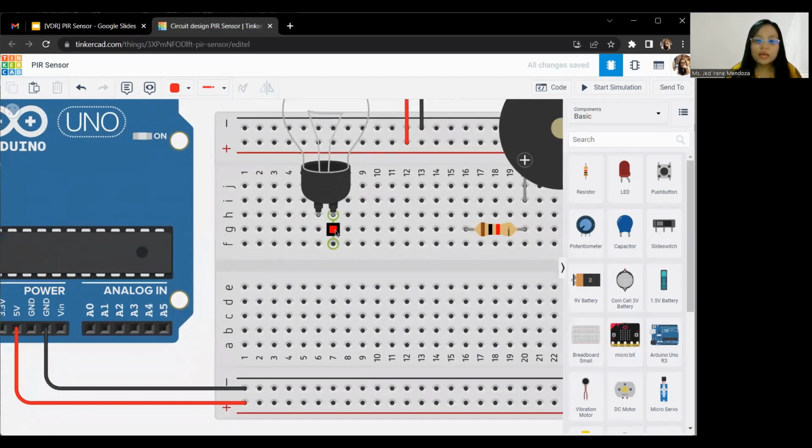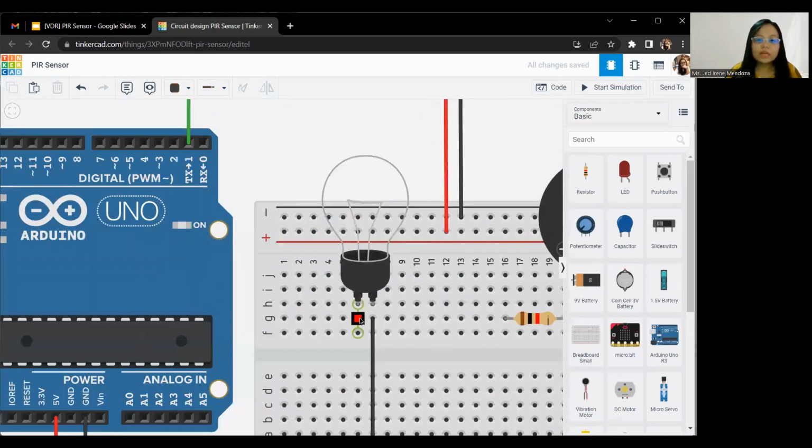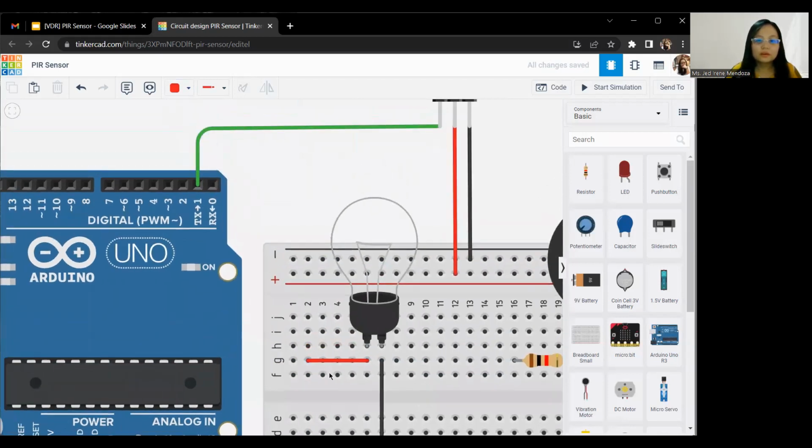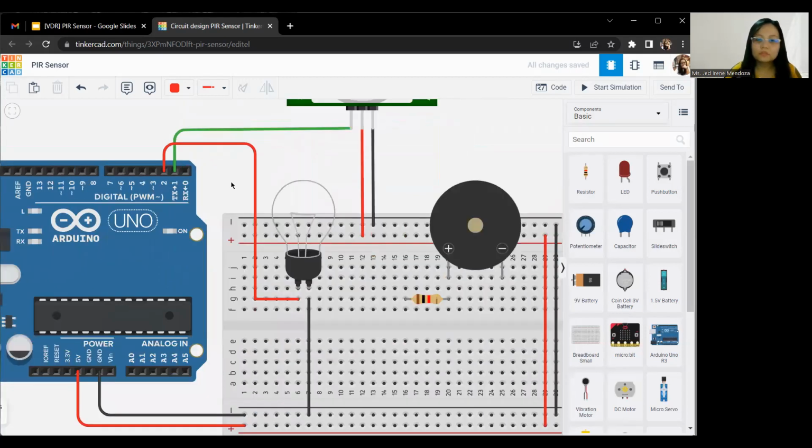So for the left side, it needs to be connected to the negative. And then for the right side, it needs to be connected to the positive. All right, so I need to have another wire right here. And then the positive, I'll just connect it to pin number 2. Just like that. So for this, I connected the light bulb to digital pin number 2.